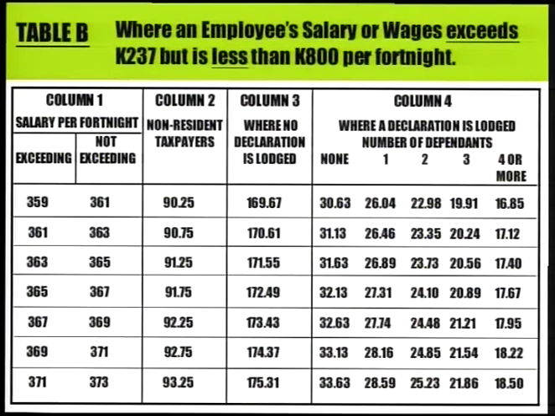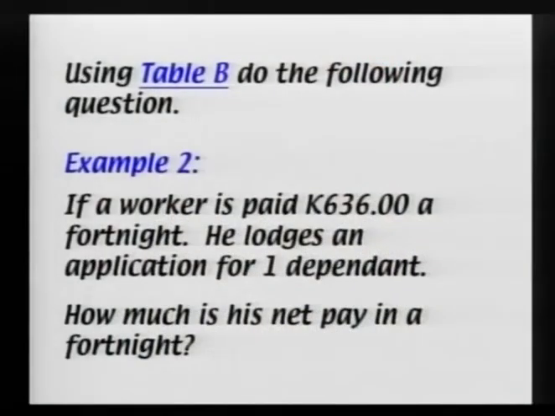Okay, good. Now you know what to do. Using table B, you are going to find out how much a person who earns 636 kina a fortnight and lodges a declaration for one dependent, how much does he pay? 636 kina with one dependent.